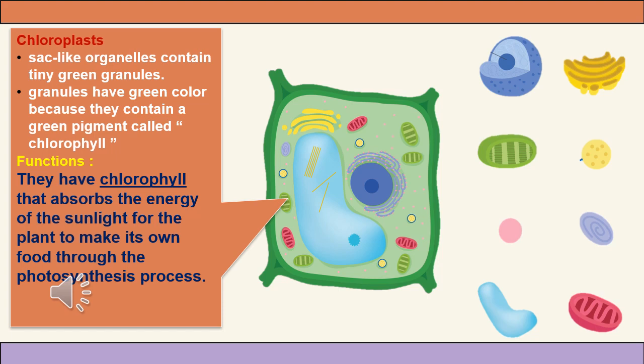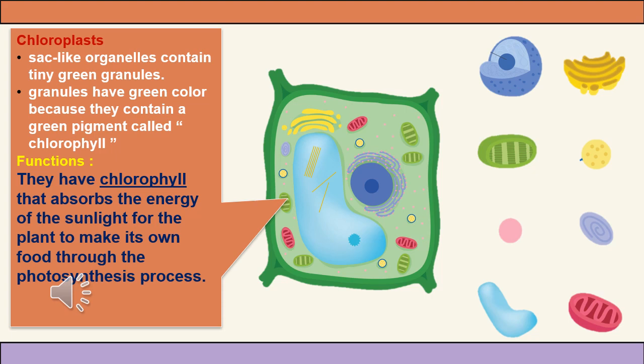Let's talk about the chloroplasts. Guys, do you know what the chloroplast looks like? Super, it looks like a sac, okay, which has small granules inside it. Do you know what these granules are? Super, these granules are called chlorophyll.